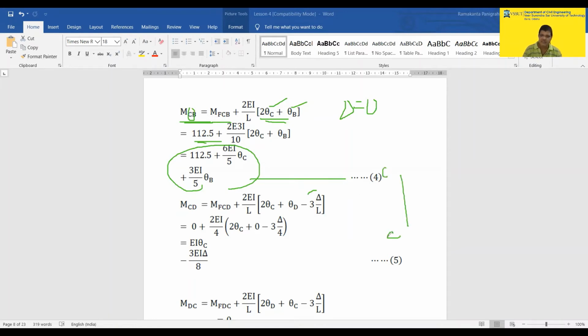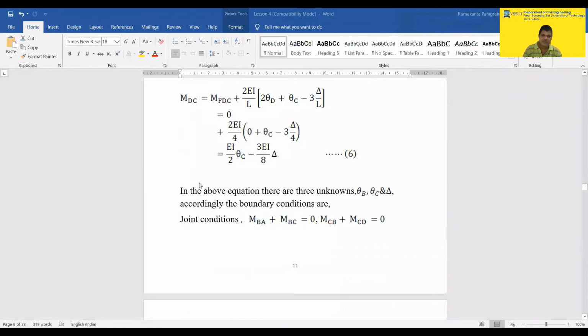For the member CD there will be delta as sway, and theta D is equal to 0. So put the theta D value 0 in both cases. Write the equations with the delta value. MCD, similarly MDC.